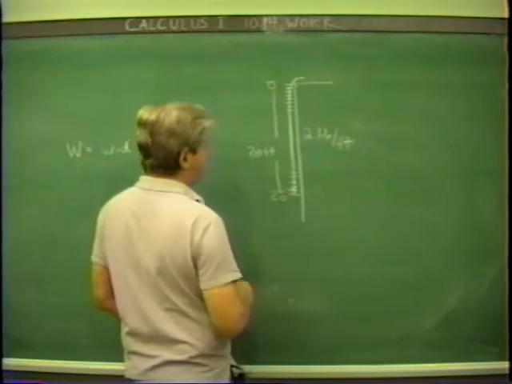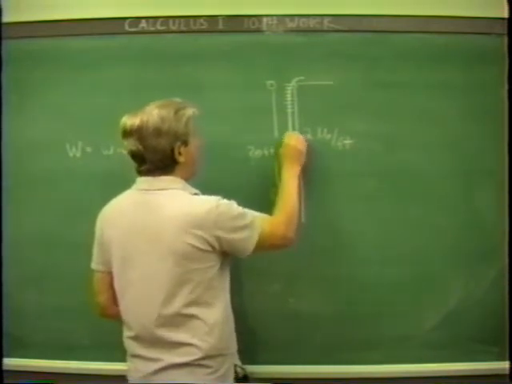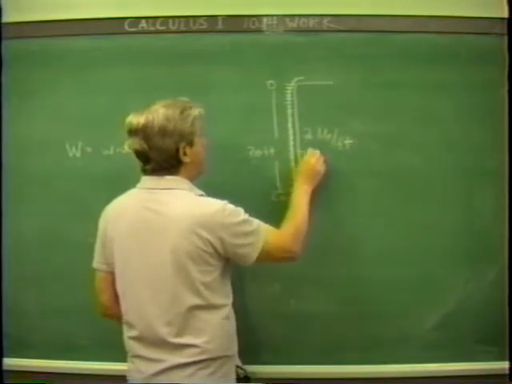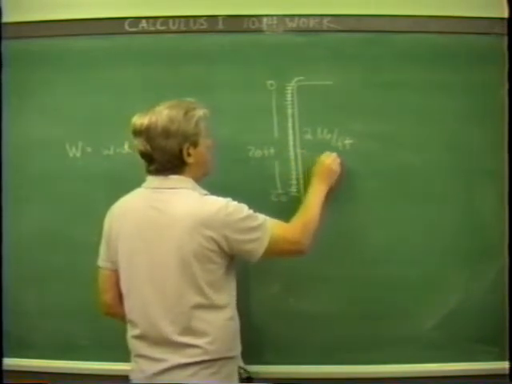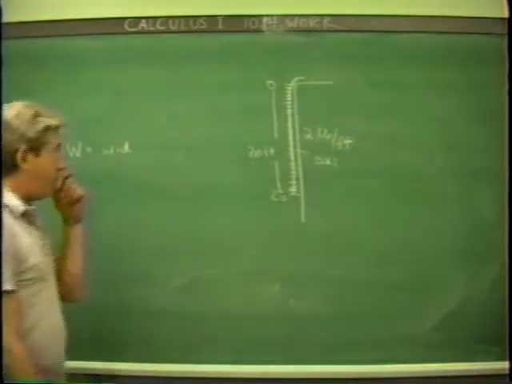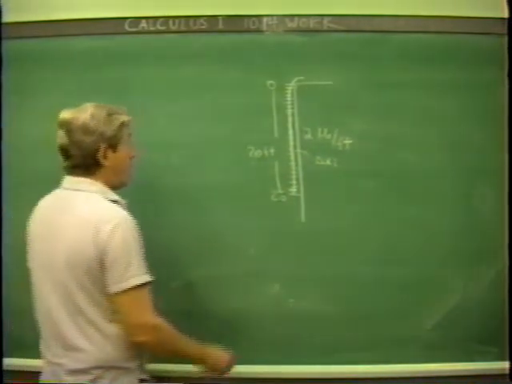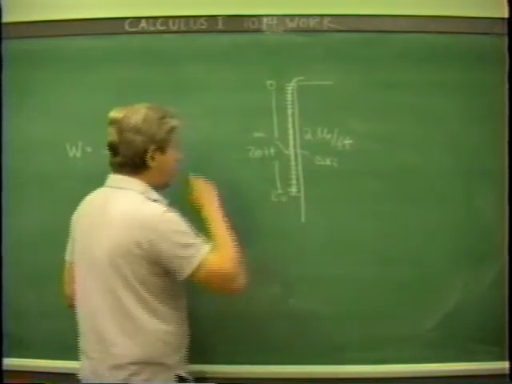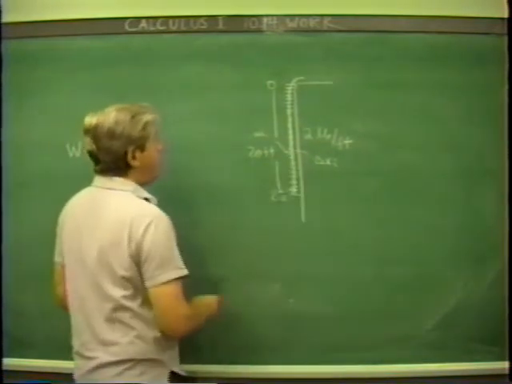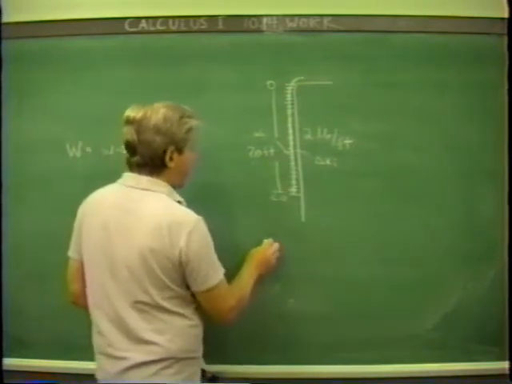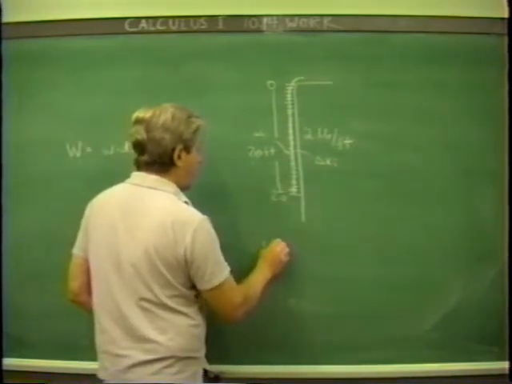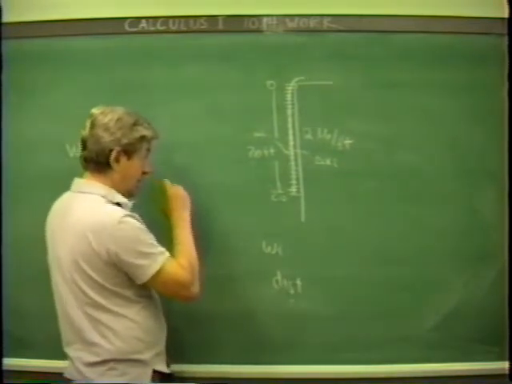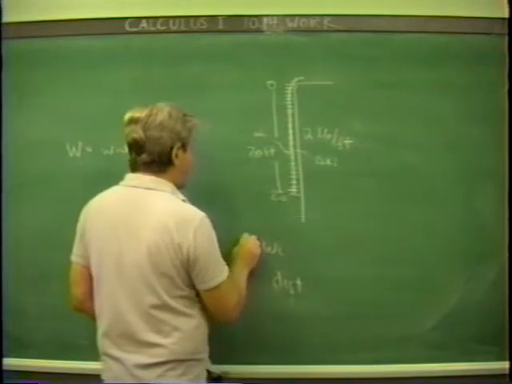So if we partition the interval here between 0 and 20, and we consider a little piece of chain here, delta xi if you want, then if Wi is a point in the interval between xi minus 1 and xi, this little piece of chain is going to have to be lifted up the distance Wi approximately.